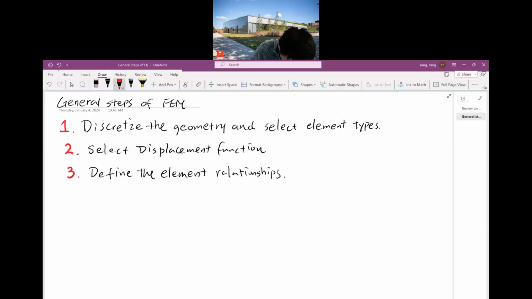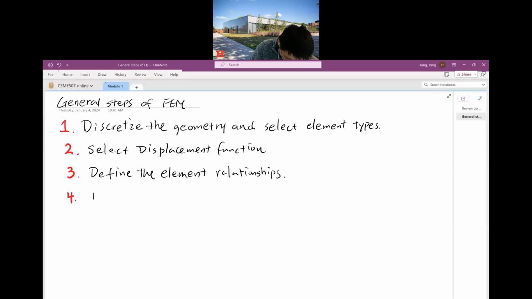And the fourth step is derive the element stiffness matrix and the equations.